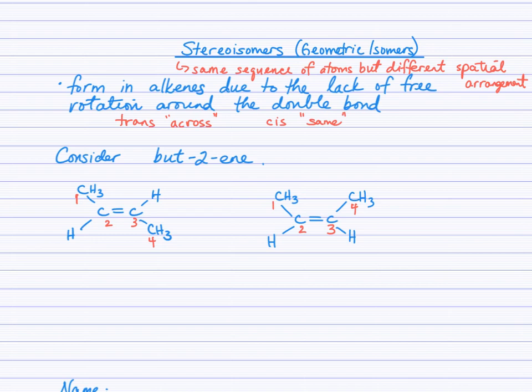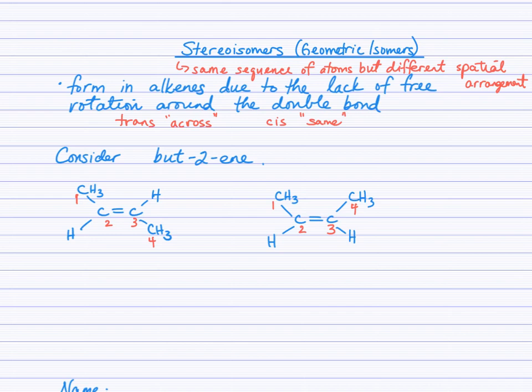As you saw in class today, we cannot rotate the molecule around the double bond. So I can't twist carbon 3 around so that the CH3 of carbon 4 is actually above the double bond. We need to be able to indicate these different spatial orientations.